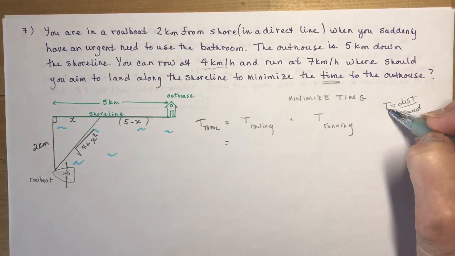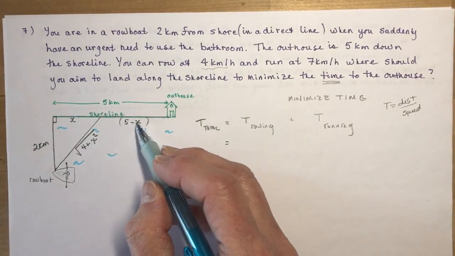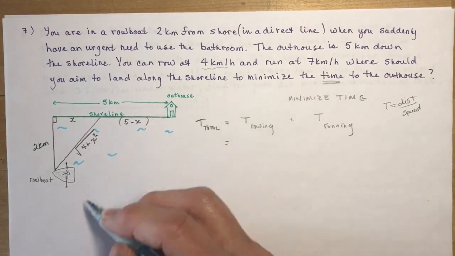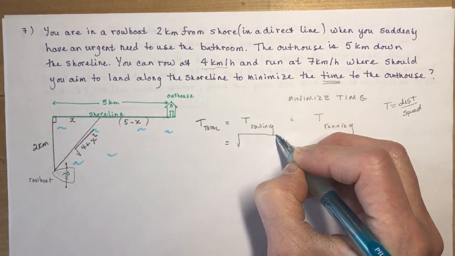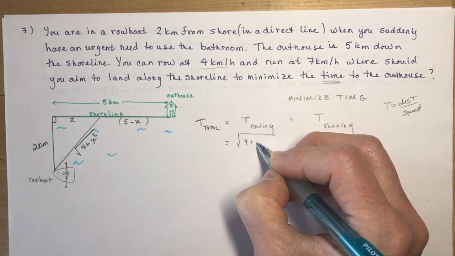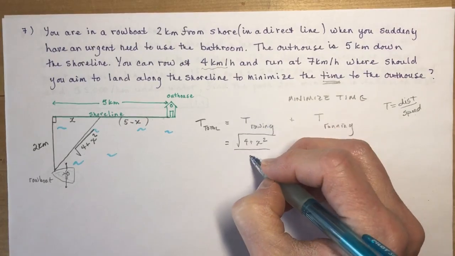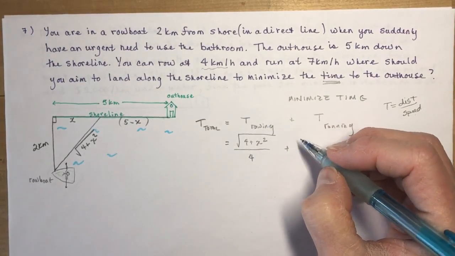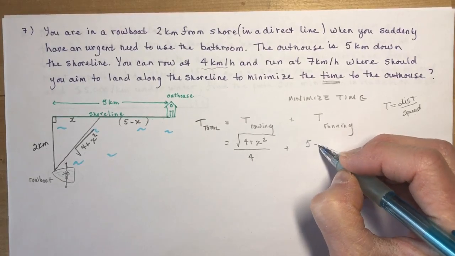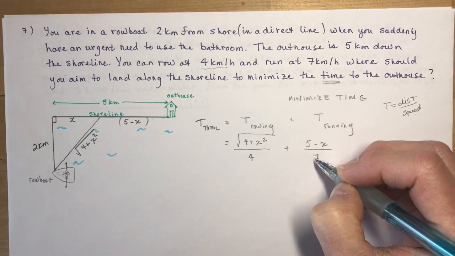It took me 4 hours. Okay, so I'm going to do the same thing here. These are the distances, right? We said this is distance. So rowing is going to be the square root of 4 plus x squared, and I'm going to divide that by my speed of rowing. So that's 4. And the time running is going to be 5 minus x, and the speed I'm going at is 7.